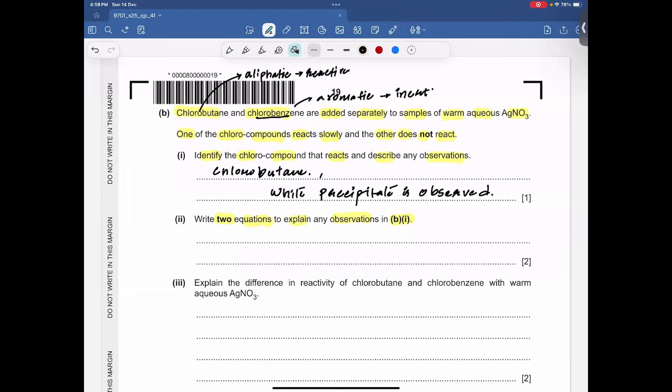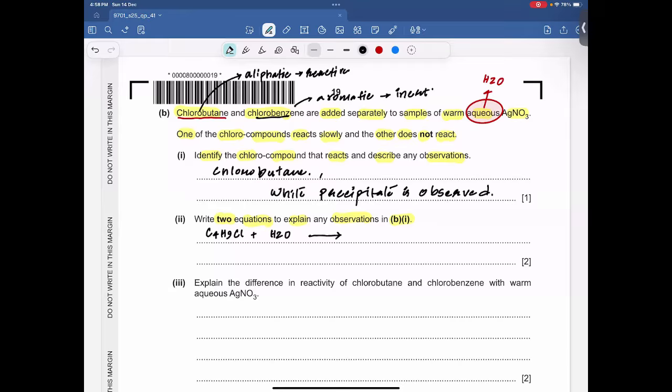Okay, listen first. This compound has aqueous medium, which means this compound has water. And water can react with alkyl halides. So in the first step, C4H9Cl undergoes reaction with water.